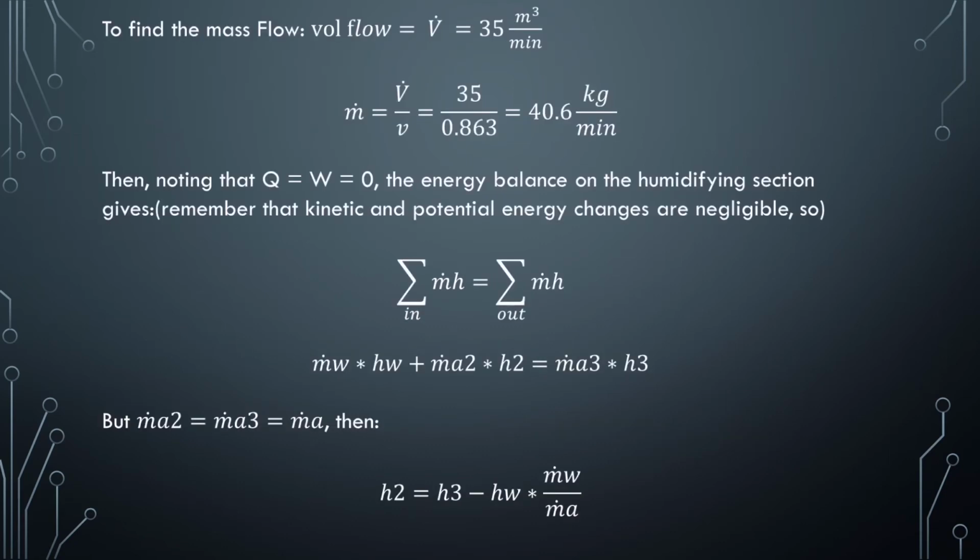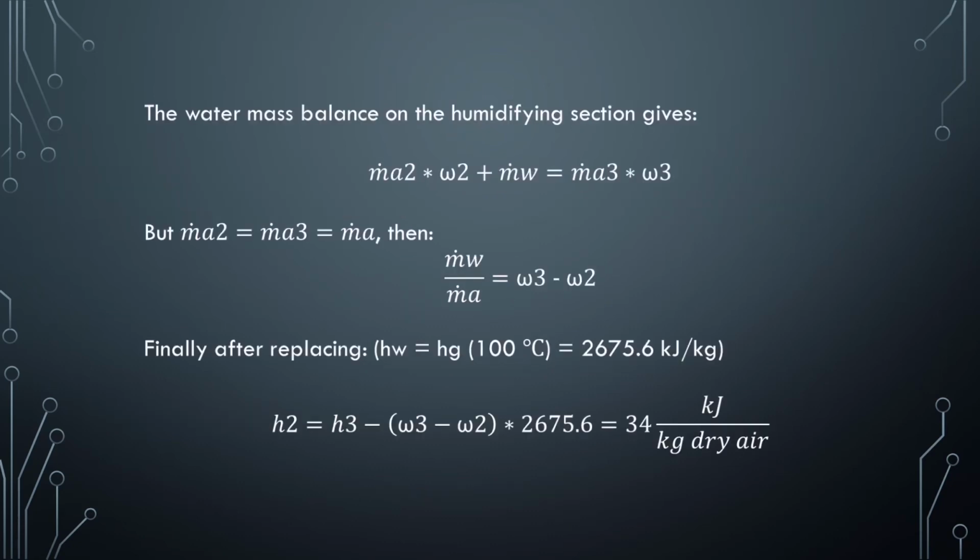But we need this relation of mass flow, and this is going to be calculated from the water mass balance on the humidifying section. As you can see, this relation, this division, is the difference between specific humidity 3 and specific humidity 2.